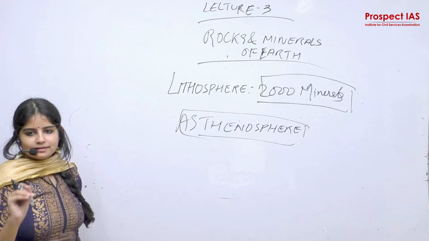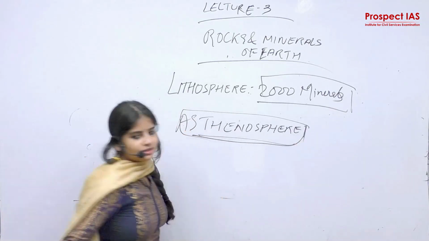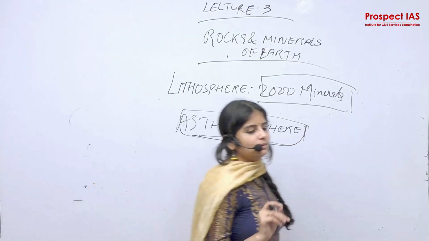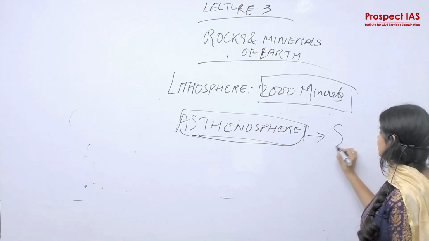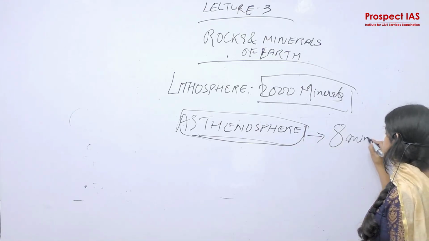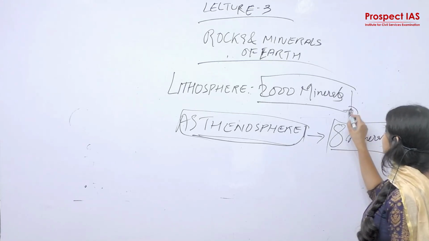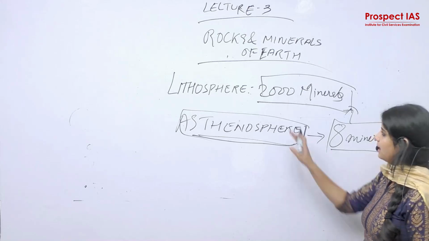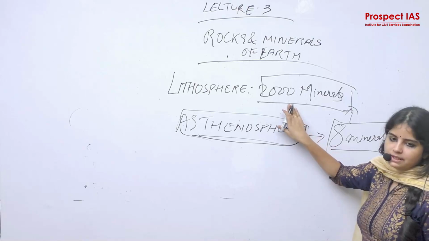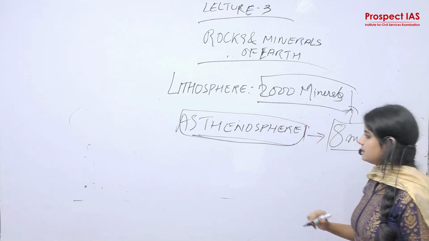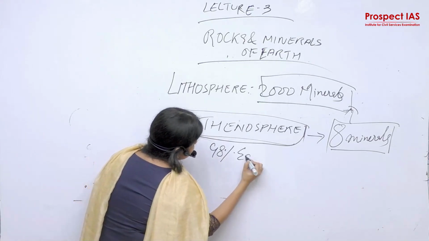This is basic research and basic development in the field of geology, that we have been able to reach till the asthenosphere's first block. So the asthenosphere holds details about the major 8 minerals that give birth to these several baby minerals, around 2000 minerals that have been acknowledged till date. These 8 minerals make up 98% of Earth's total composition.